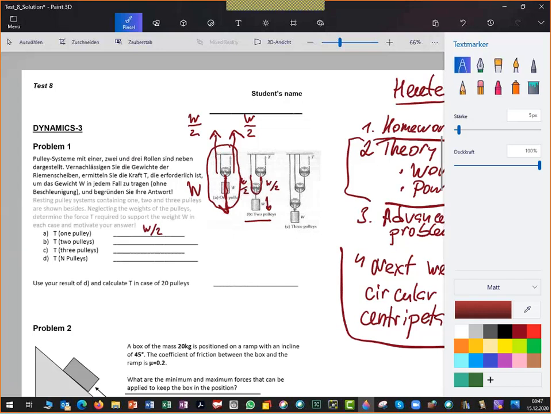Then in fact here we have one more branching, one more separation, which means further division, and again we have W divided by 2 divided by 2, which is W divided by 4, and here we have W divided by 4, too. So that means in this case the tension will be equal to W divided by 4.